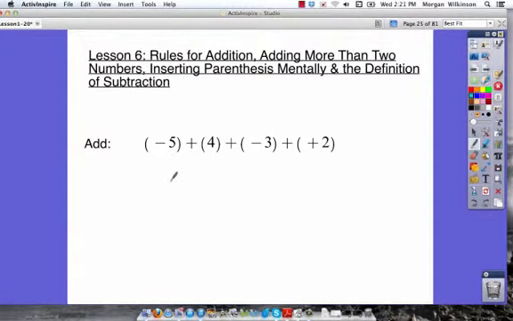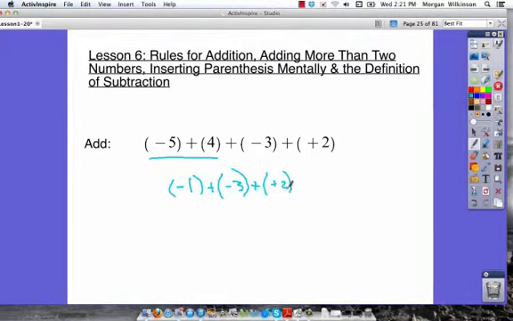So what we're going to do is work from left to right. And the first thing that we're going to do is add mentally -5 plus 4. -5 plus 4, that must give us -1. So now we have -1 plus -3 plus +2.